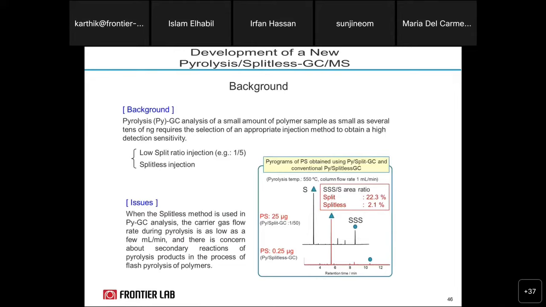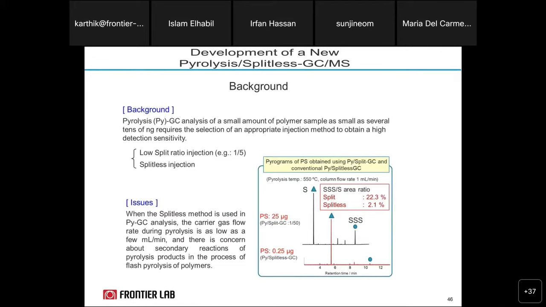Some of our researchers, or even we, are interested in nanogram level analysis of microplastics. As you all know, we use GCMS for trace analysis of micro organic pollutants.